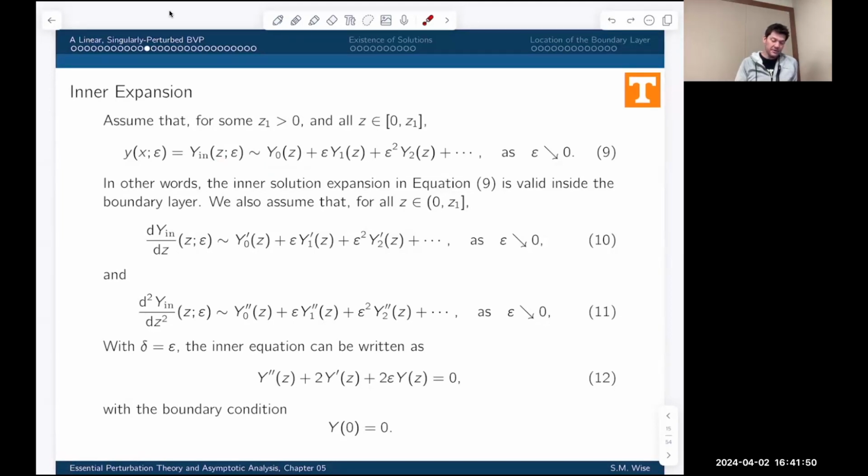And I'm furthermore going to assume that the derivatives also have asymptotic power series expansions that are equal to the term by term derivatives of the sequence I had above. So this is not always the case, by the way.